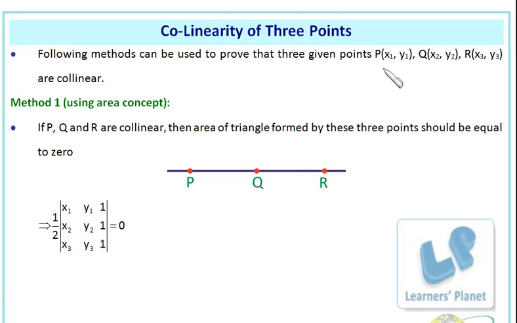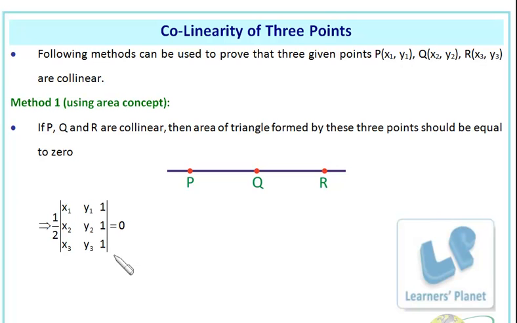We have 3 points P, Q and R having coordinates x1, y1, x2, y2 and x3, y3, right? Now we have to establish a condition where we can say that the 3 points are collinear. You might have learned the formula for finding out the area of the triangle in your junior classes. So that is the formula: half determinant x1 y1 1, x2 y2 1, x3 y3 1, right?